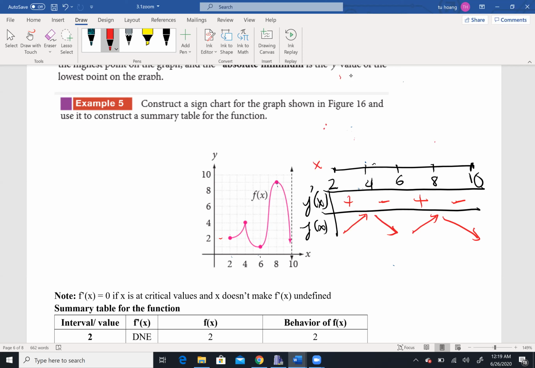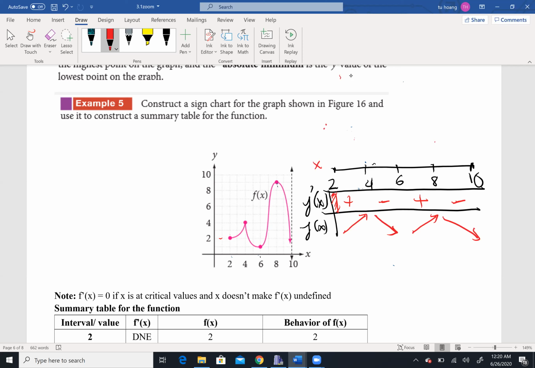So at 2, the f of x will be no value because it's really the start point. I mean, you don't want to have the differential at this point. Okay, so I'm gonna say undefined here, right?